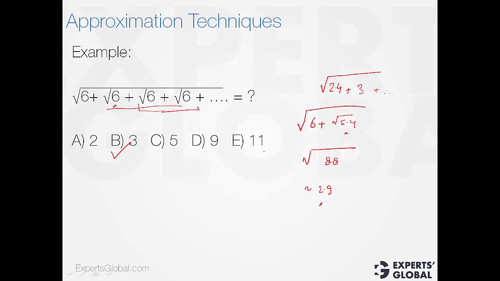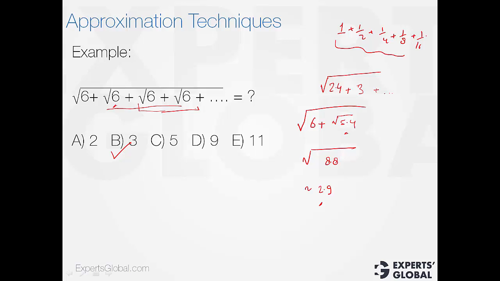Very often you have questions such as these: 1 plus 1 upon 2 plus 1 upon 4 plus 1 upon 8 plus 1 upon 16. Just add up the first 4 or 5 values, take out an approximate answer. For example, this is 0.5, this is 0.25, 0.125, 0.0625.